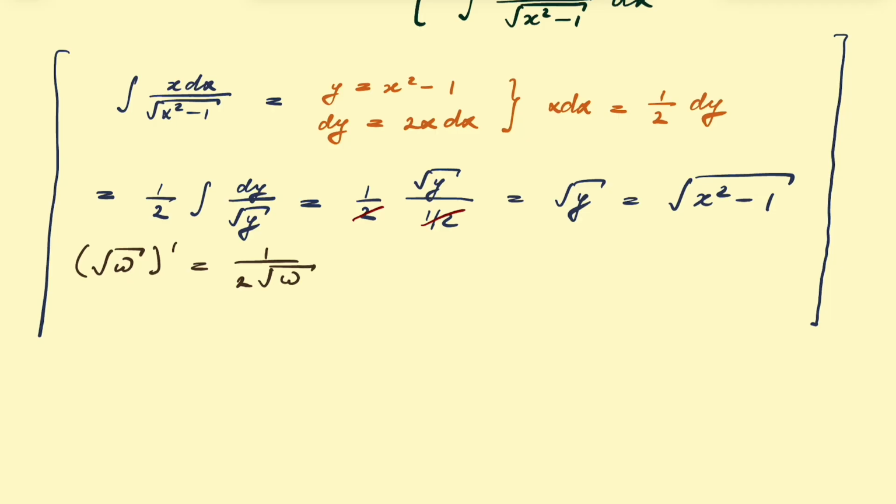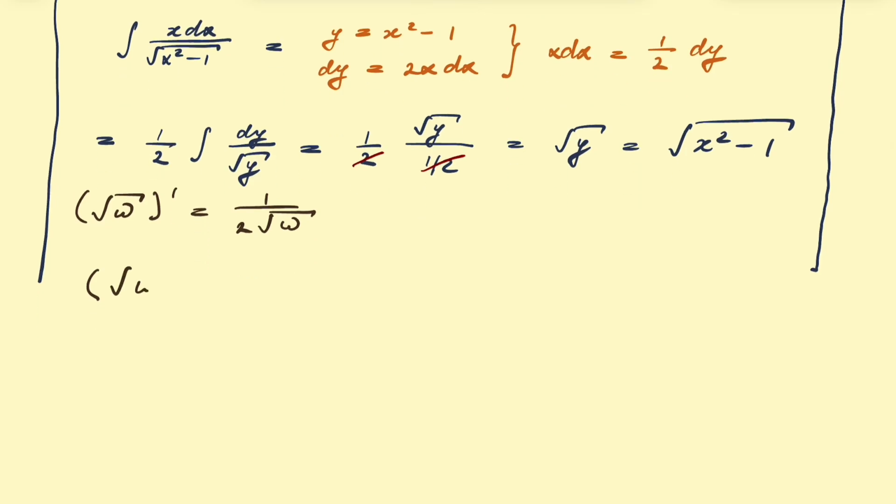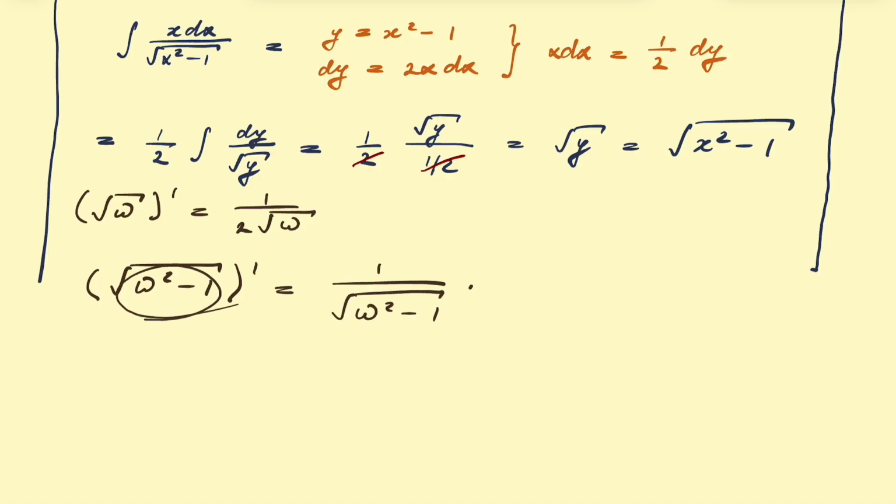And from this point, you should think that, okay, if you have square root of omega squared minus 1, its derivative will be of the form 1 over square root of omega squared minus 1 times the derivative of what's inside, because it's a composite function, chain rule.